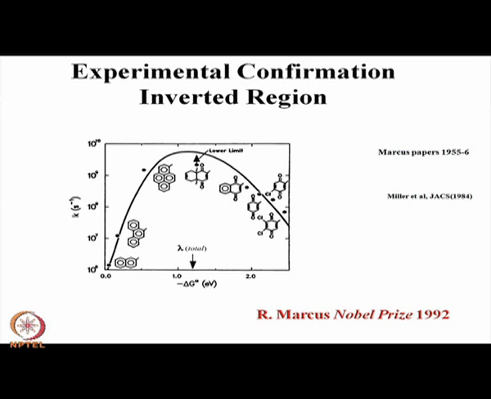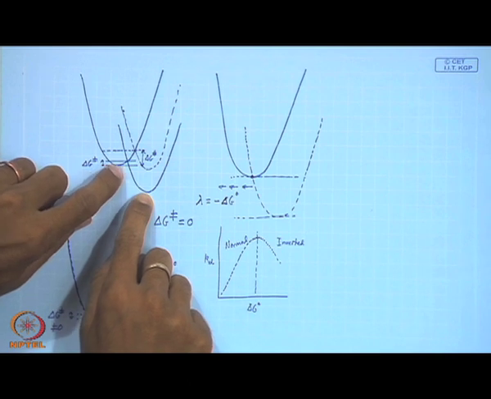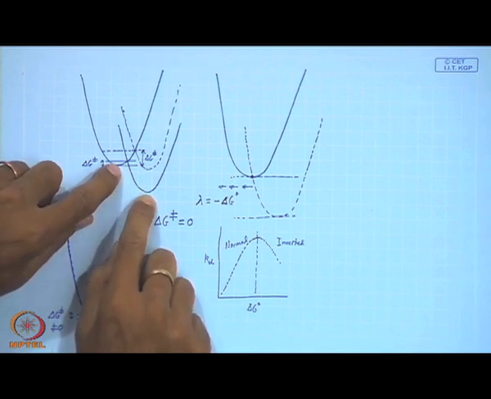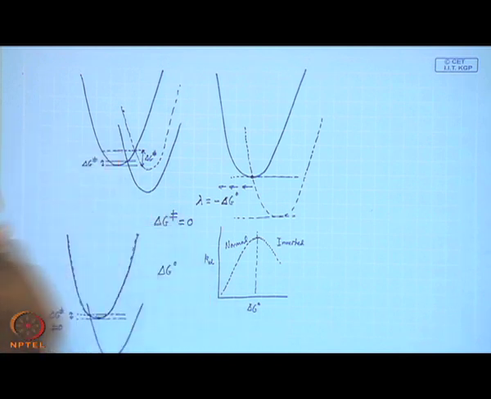So that nicely explains the behavior of the rate constant as a function of various delta G 0. Delta G 0 means this gap, the thermodynamic free energy difference between the initial state and the final state.